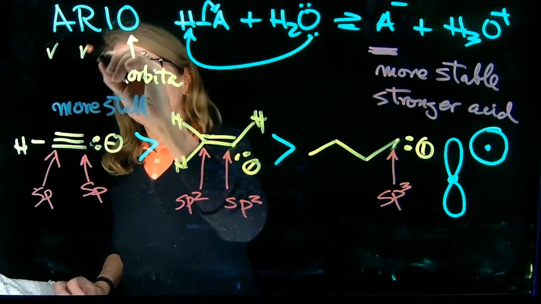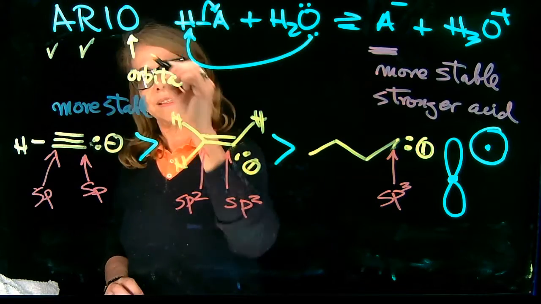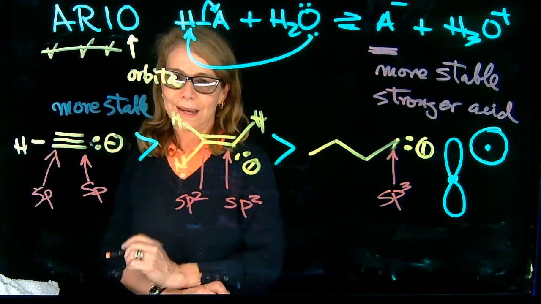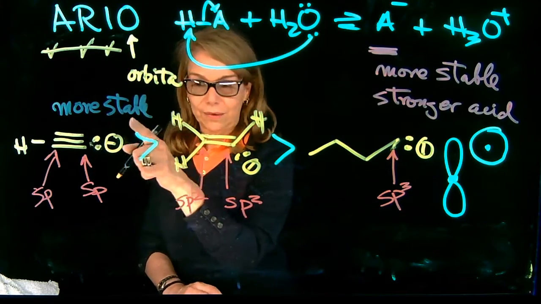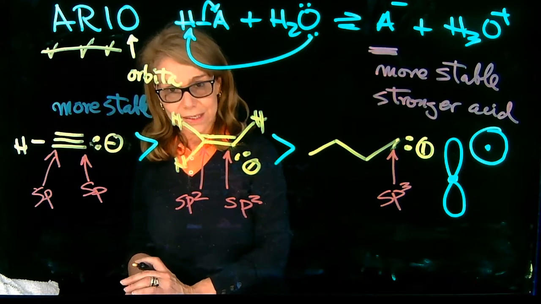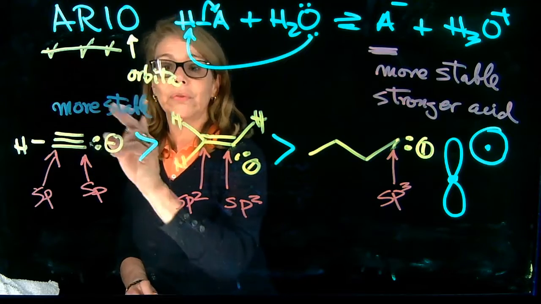There is no resonance effect, so we checked that and it cannot explain the difference in acidity. There are no inductive effects, so none of that explains it. That's why I analyze the orbital, and I see that this has higher s character, so the negative charge is closer to the nucleus and more stable.